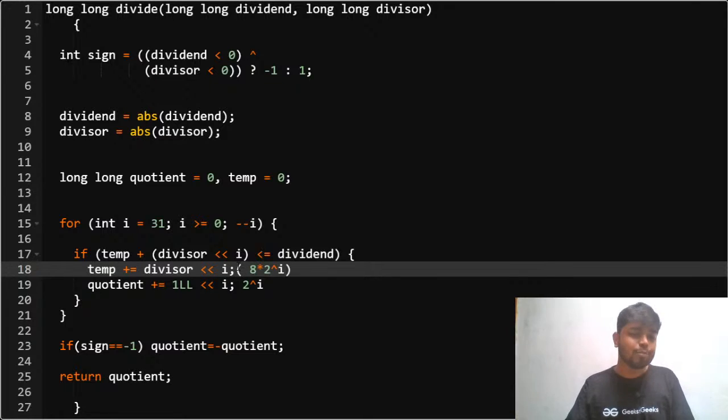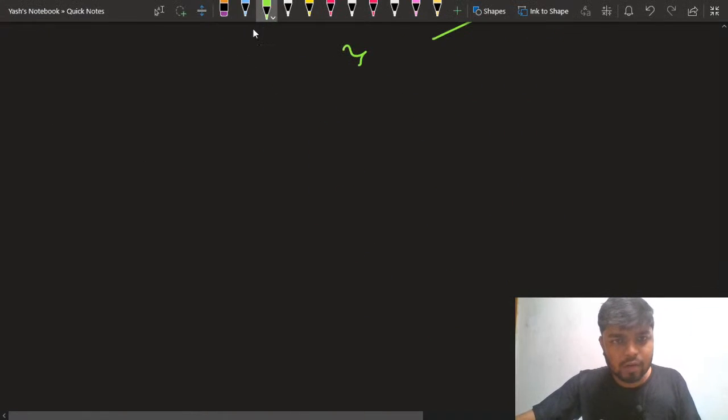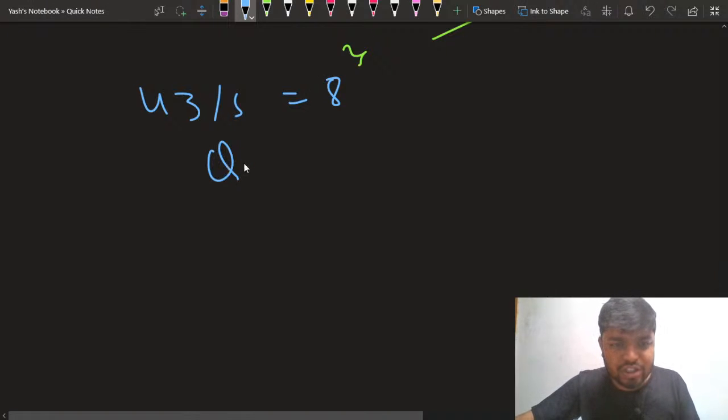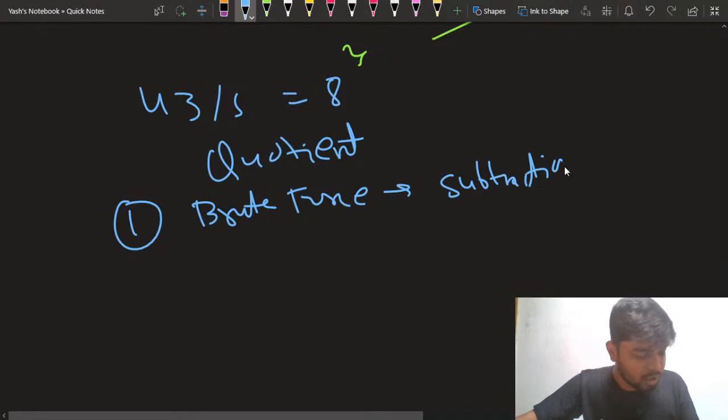So all of you, I hope that you were clear. Just to summarize the question, first of all, what you had to find was 43 divided by 5 is equal to 8, right? You had to find the quotient, and you could not use division, multiplication or modulo. The first approach was a brute force approach using subtraction.